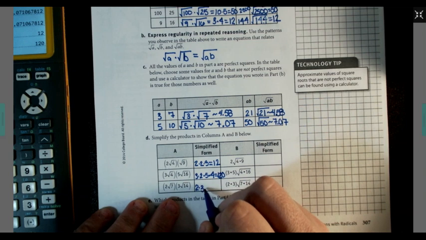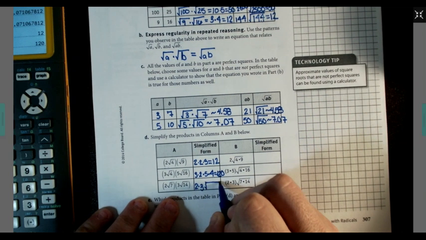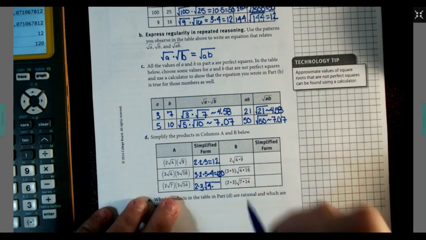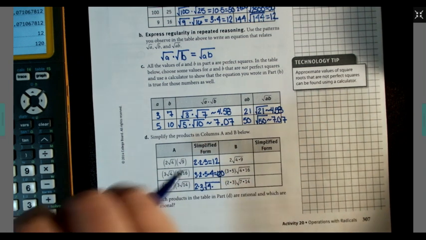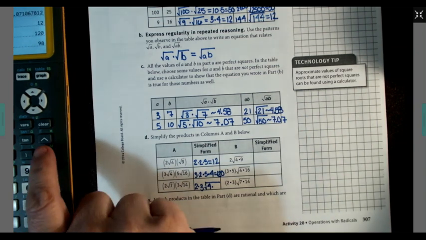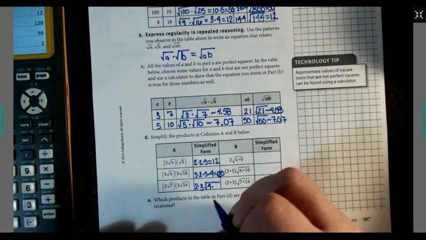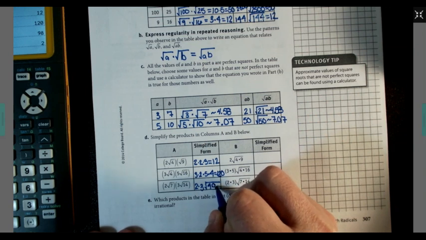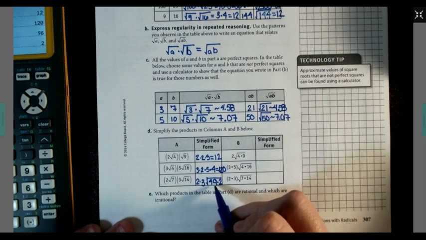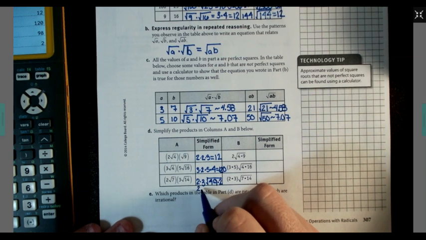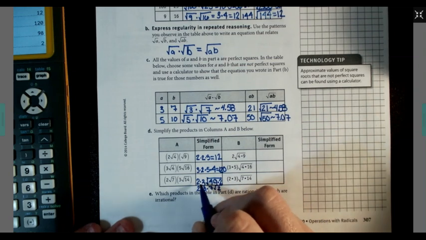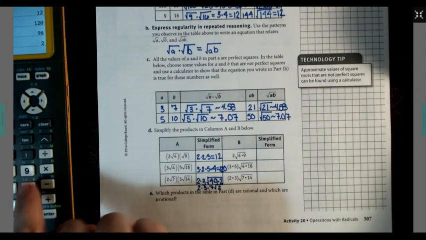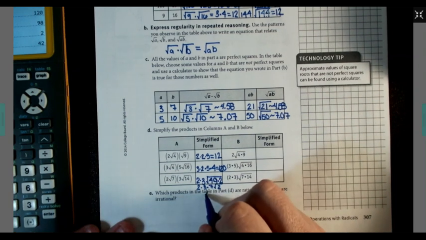Ooh, we got 3. Then I'm going to make this a square root of 49. 7 times 14 divided by 49. Okay, that's what I thought. 49 times 2. And 49 is a perfect square. So we would have 2 times 3 times 7 square root of 2, which makes this 42 square root of 2.